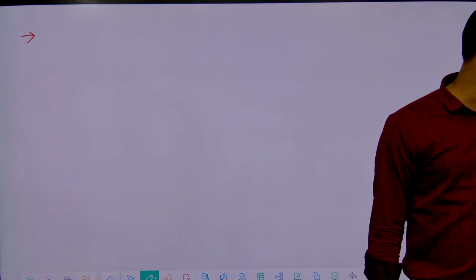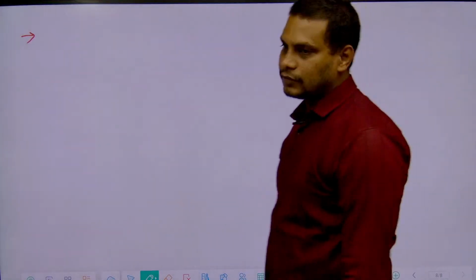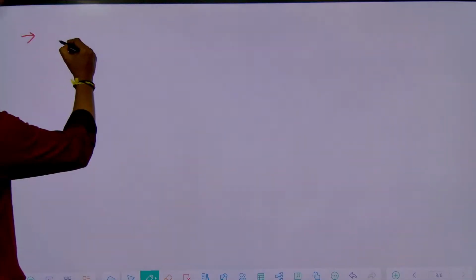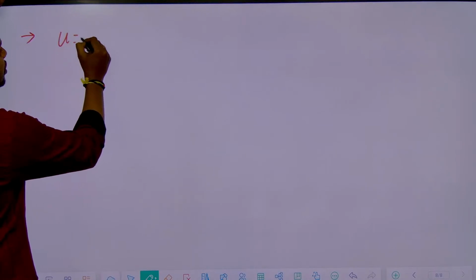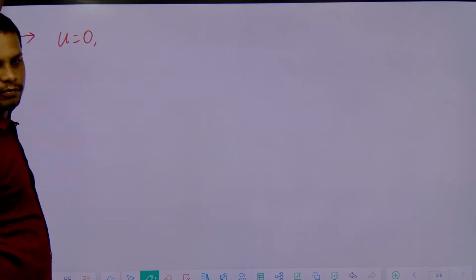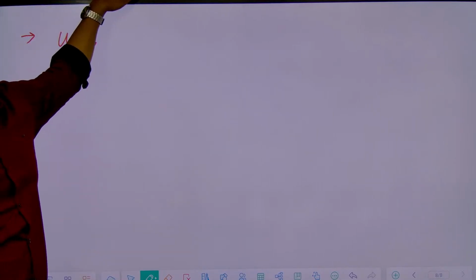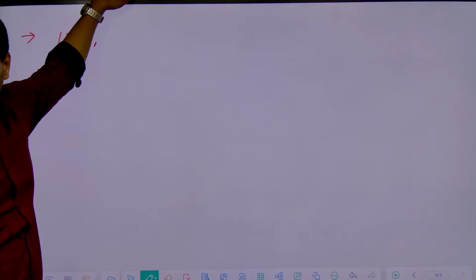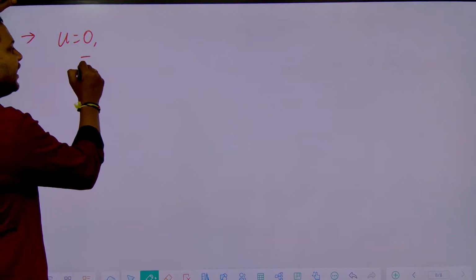A body starts from rest means what is the initial velocity? 0. If a body starts from rest, the initial velocity is equal to 0.